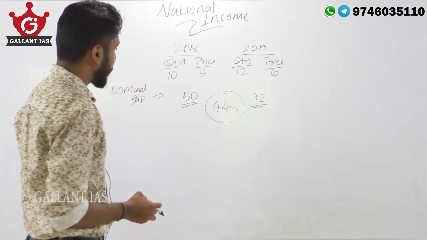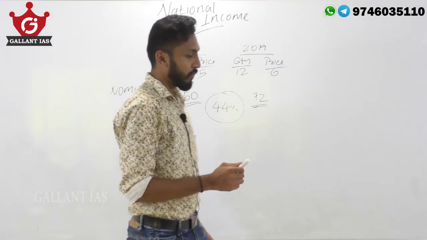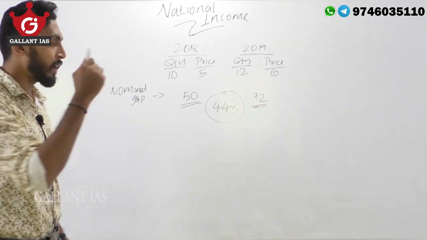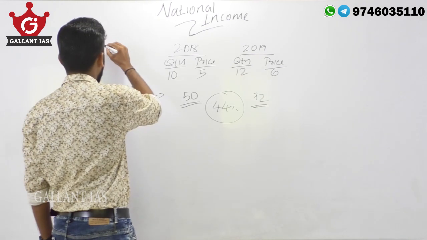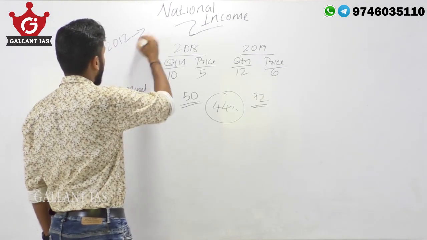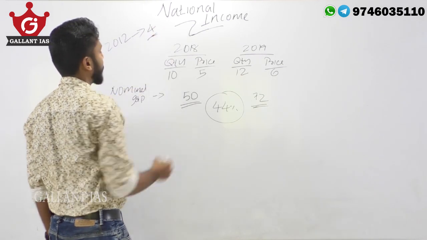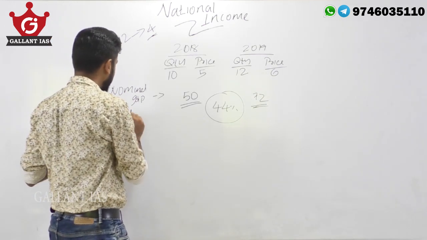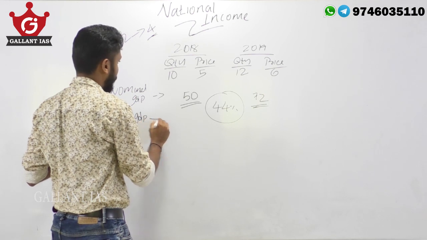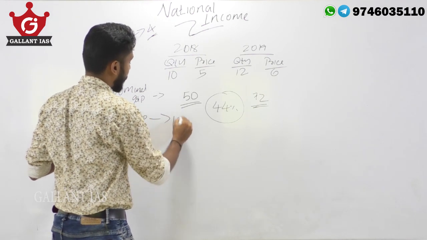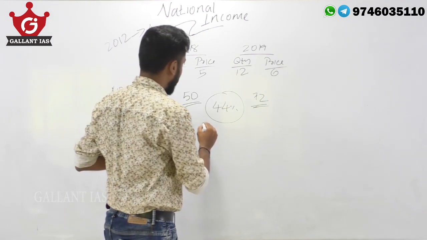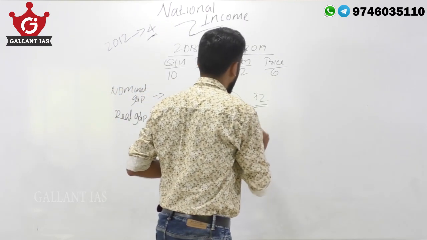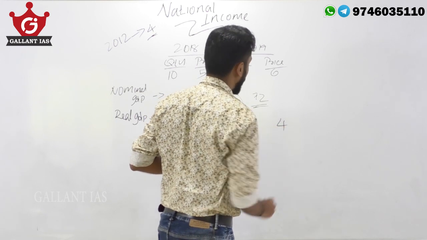But when we calculate real GDP, we do not take the current year's price. We take a base year price. It may be the commodity price of 2012, and say it was 4. Then real GDP will be: quantity produced 10, base year price 4; quantity produced 12, price 4.